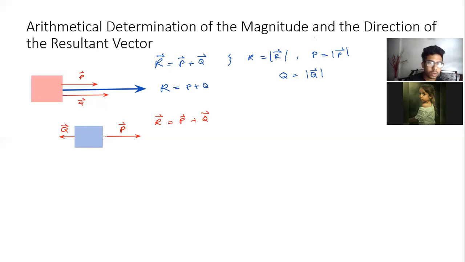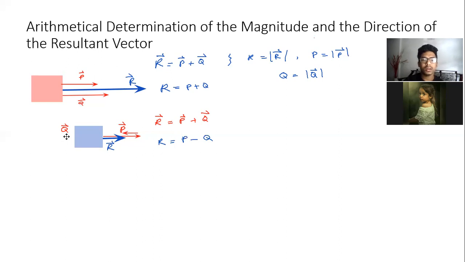So here is the resultant. R vector, here R equals P minus Q. P is larger, therefore P minus Q, right? You take this P vector and subtract the Q vector. You can think of the triangle law.